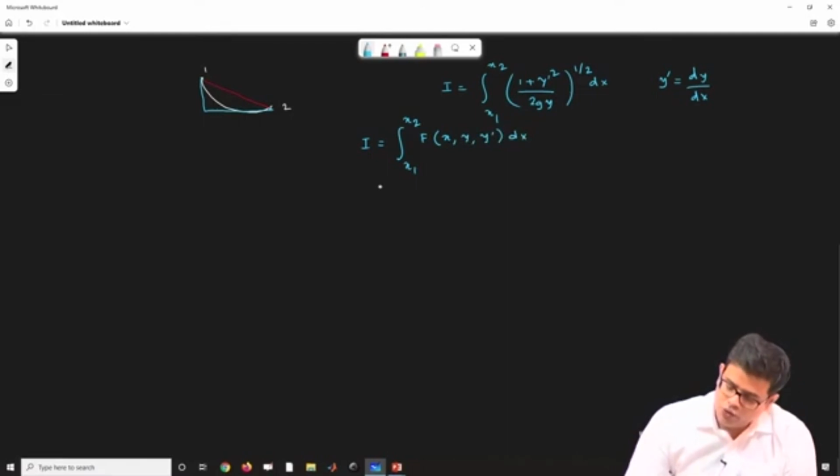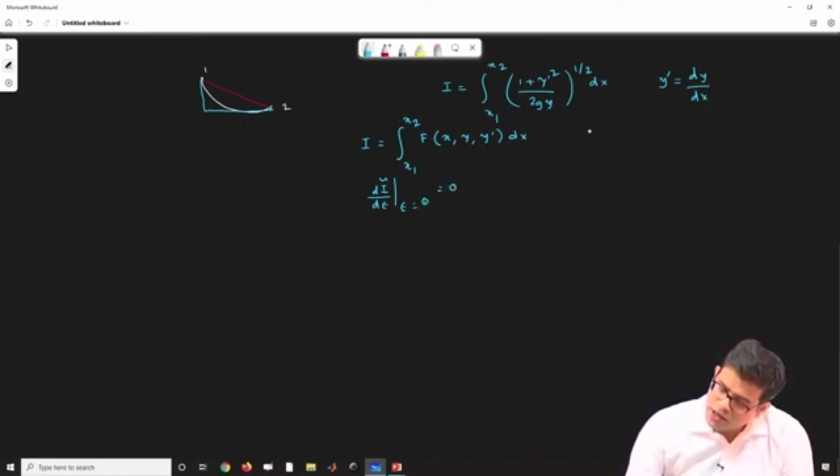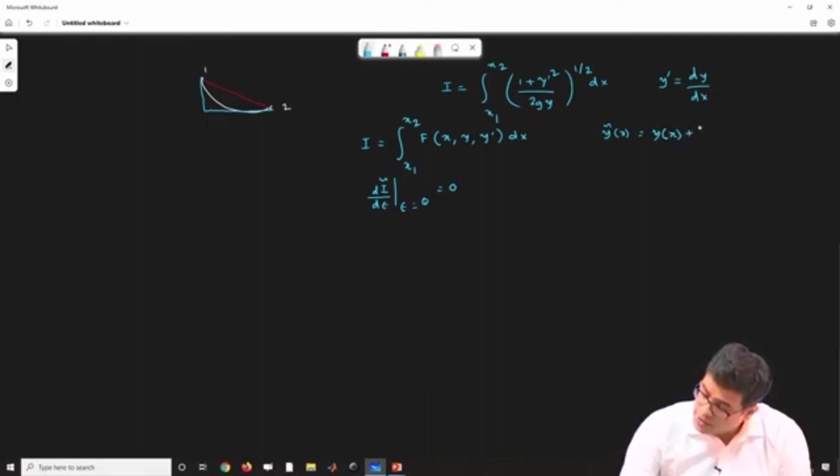Now we use this condition, that is dI tilde by d epsilon at epsilon equals to 0 is 0 to minimize this functional. To do that, we approximated y tilde in this form, that y of x plus epsilon into eta x.